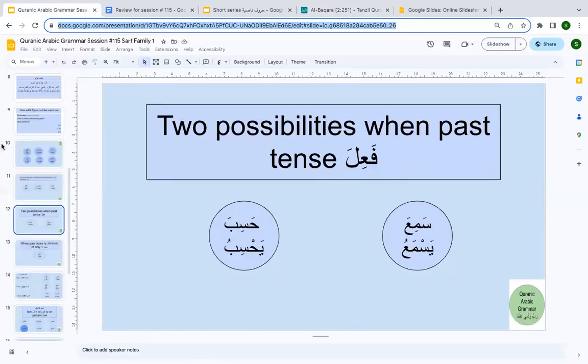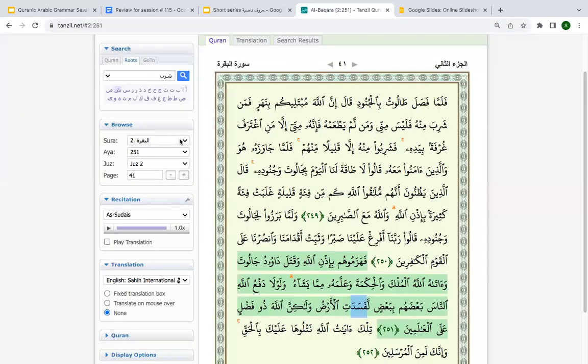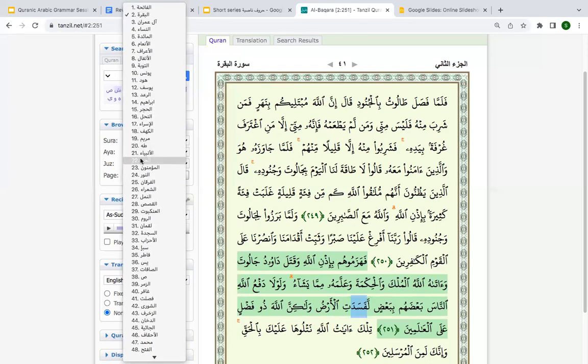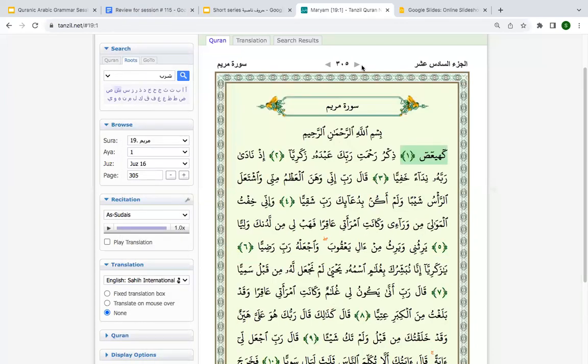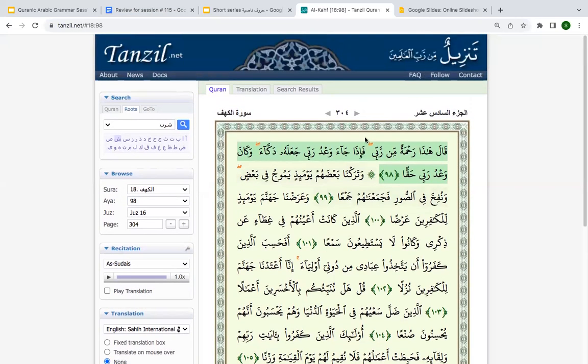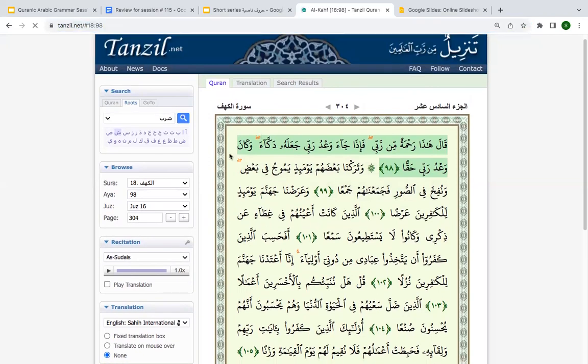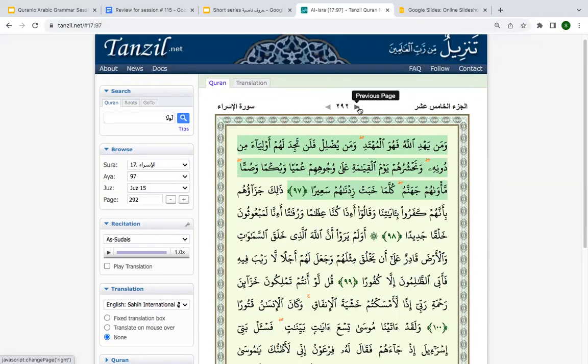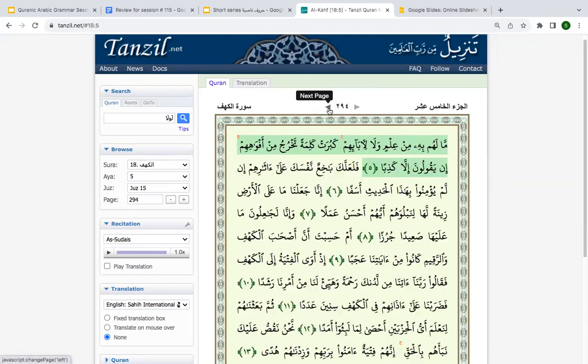Okay. Now, if I give you a word from the surah that you recite on Friday, Surah Kahf, let's see here. I want you to see this word, kaburat.